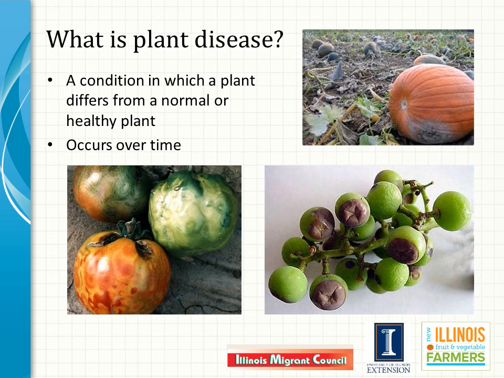So what is a plant disease? It's a condition in which a plant differs from a normal or healthy state, and it occurs over time. The diseases shown in this slide are tomato spotted wilt virus, black rot of grape, and Phytophthora blight and fruit rot of pumpkin.